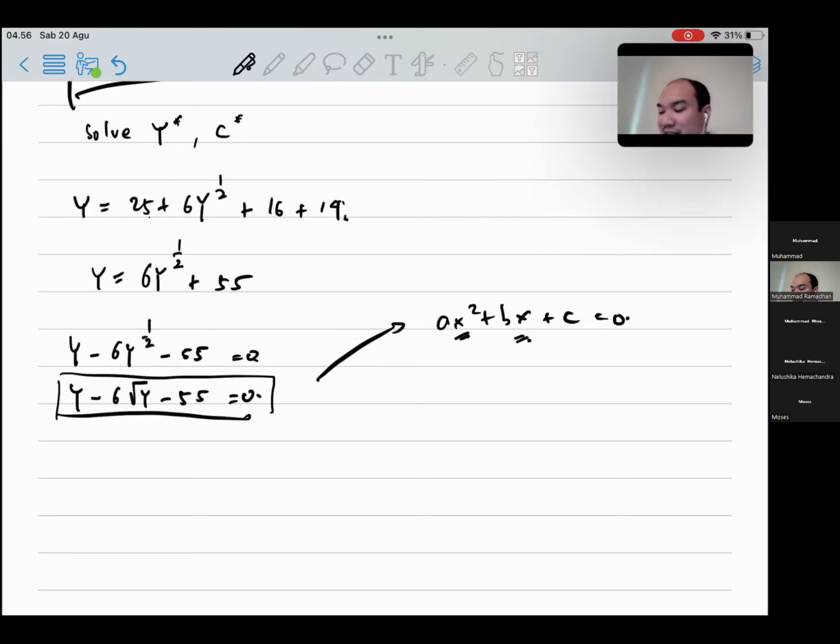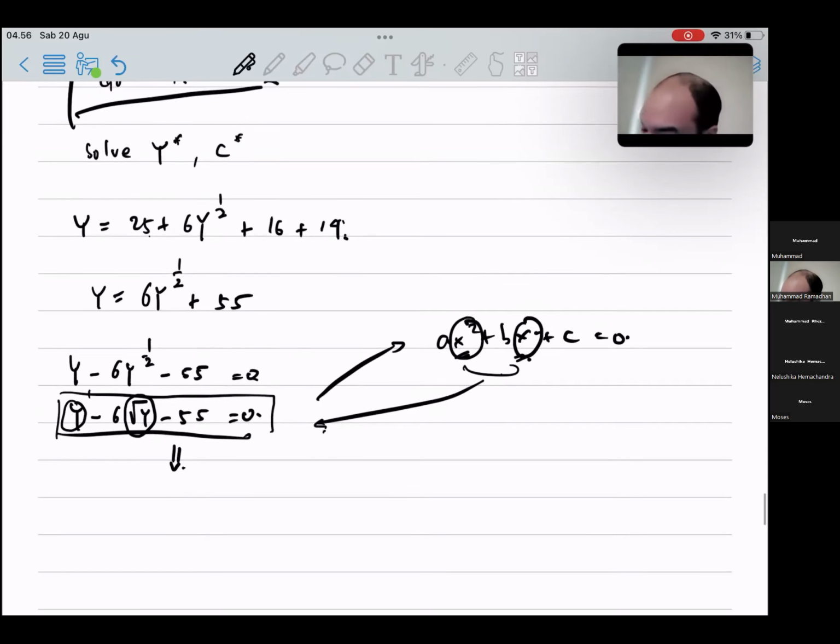The variable, this is 2 times from this. So you can apply this to this. The power of this is 2 times the power of this. So it is y to the power of 1. This is 6y to the power of half. So you can solve this by using factorize also.